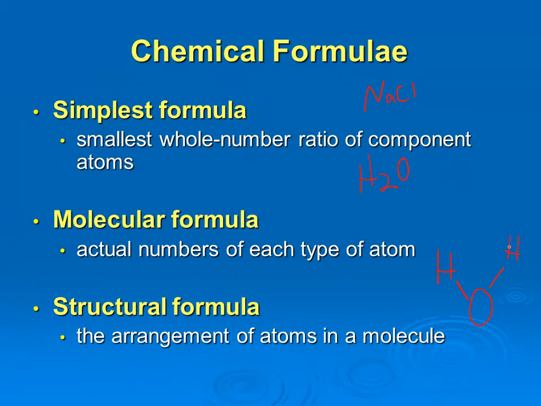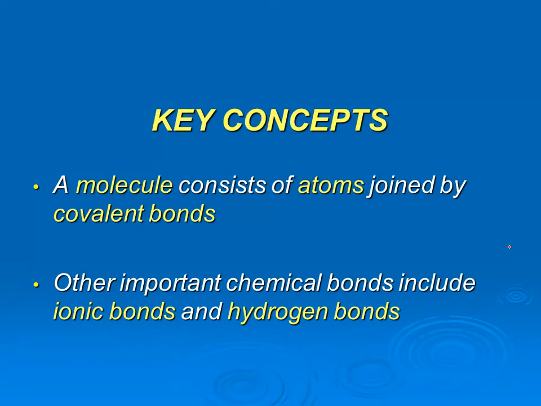And that's just how the bonds form. Now, a molecule will consist of atoms joined by covalent bonds. Those covalent bonds we'll talk about briefly are where those outer electrons are shared. Covalent is sharing bonds. There's other types of bonds we'll talk about, ionic bonds and hydrogen bonds.